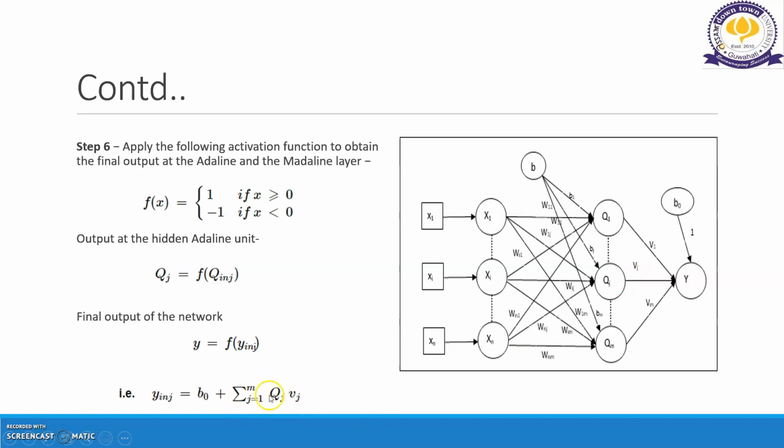So here Qj represents the Adaline units in the hidden layer, where j can be 1 to m. That means m number of units, and vj are just the associated weight between each of these Adalines and the Madaline, and here b0 is fixed and it's 1.